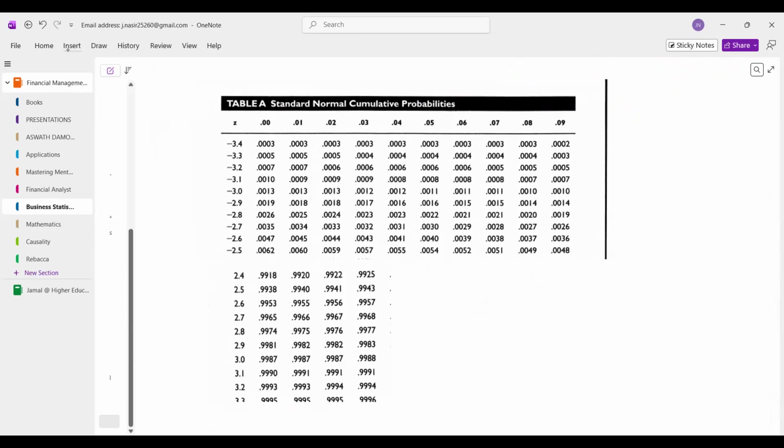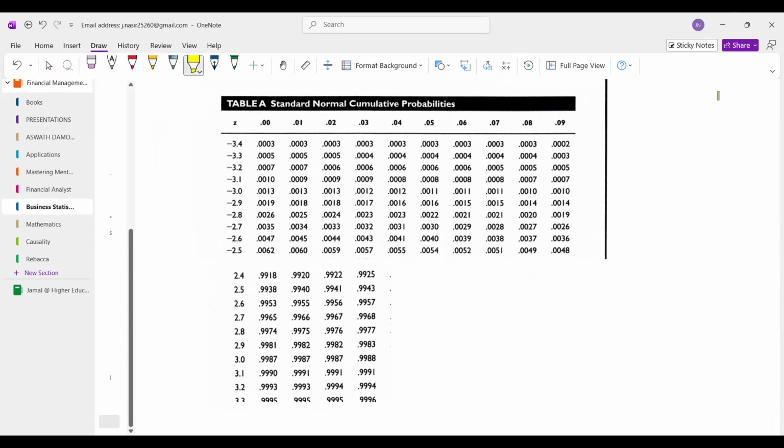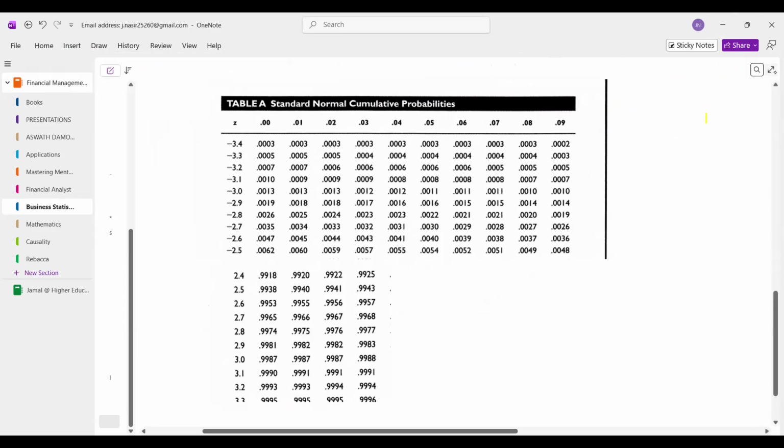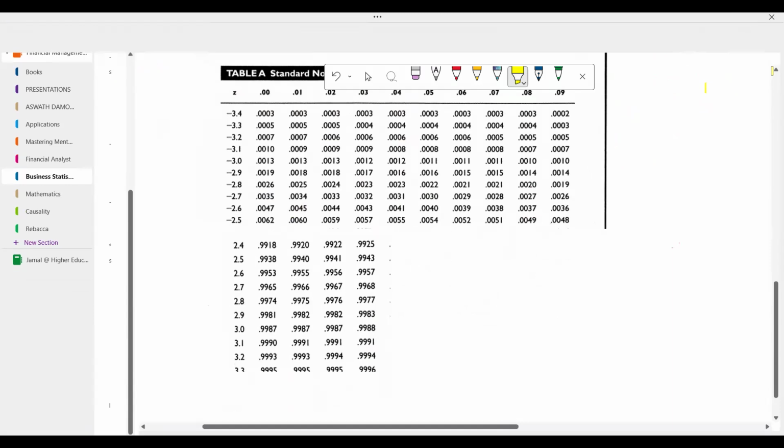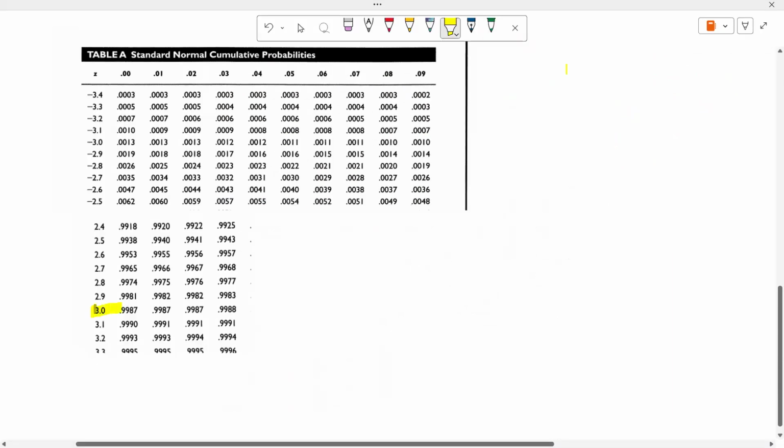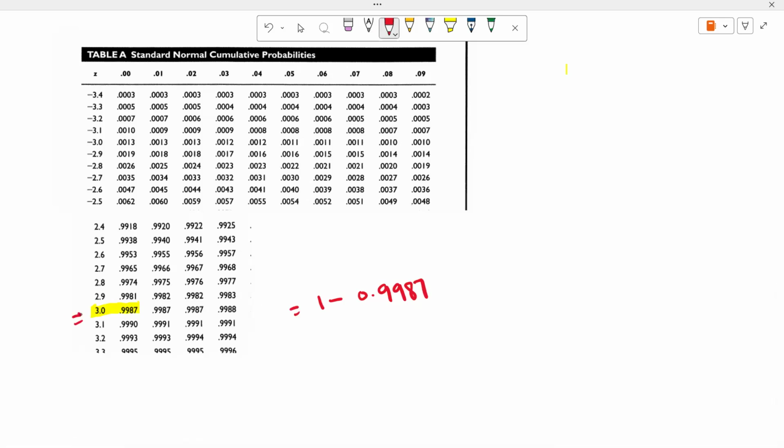Yes. So here you see, if you're looking at the right side, you're basically doing this, right? In this case, to get the right answer, you will take this 0.9987 away from 1, in case you're looking at the positive side.